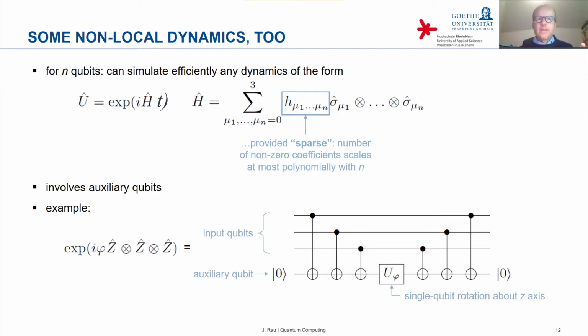So for all 3 qubits you have the eigenvalue -1 times -1 times -1, which is -1. So the exponential of that tensor product applied to 1, 1, 1 gives e to the minus I phi times 1, 1, 1.